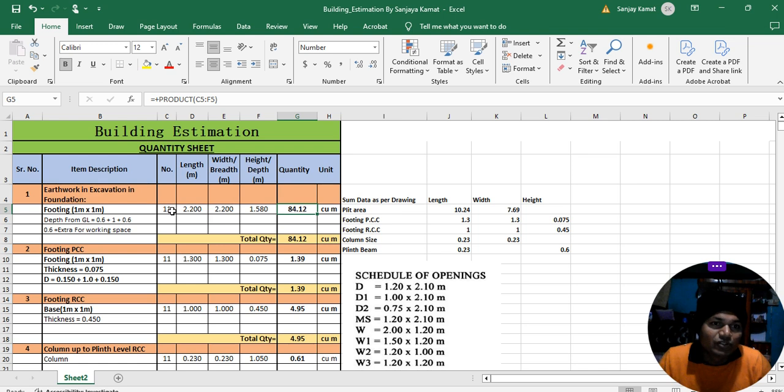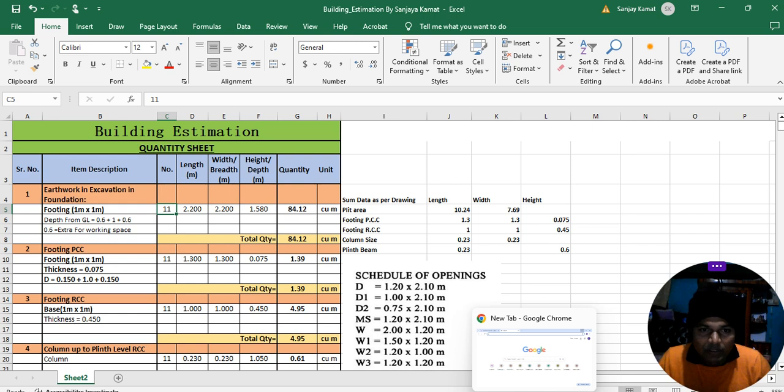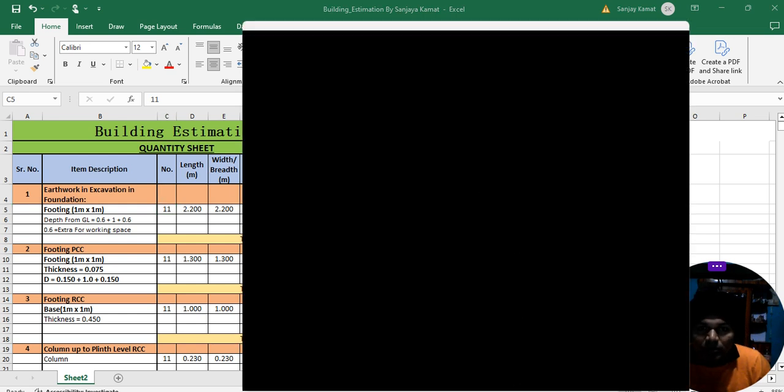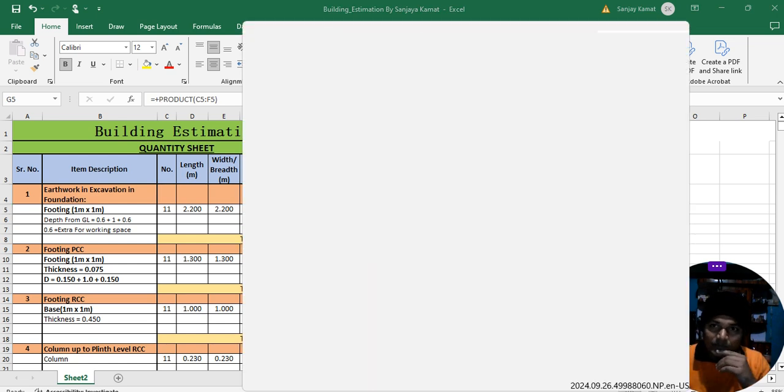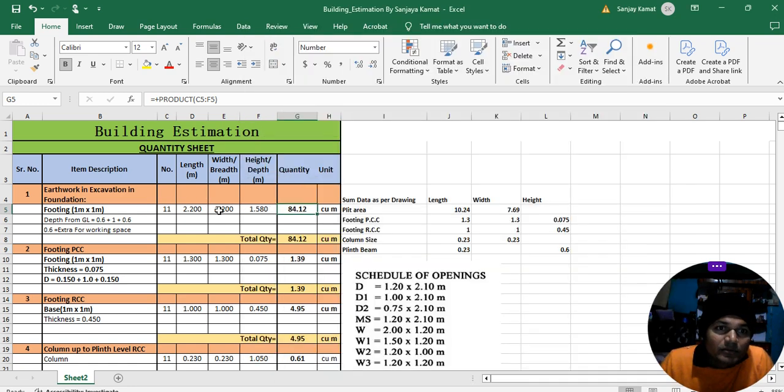If we multiply all of this, how much will it come? 84.12 cubic meter. I will show you, if it opens. Why is it not opening? Okay, then this will come: 84.12 cubic meter.